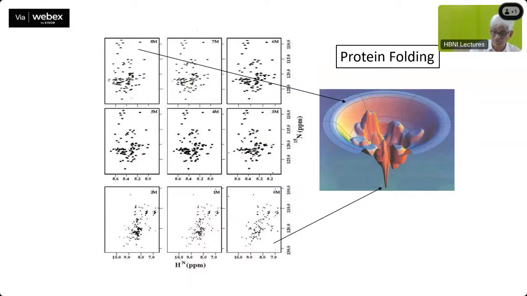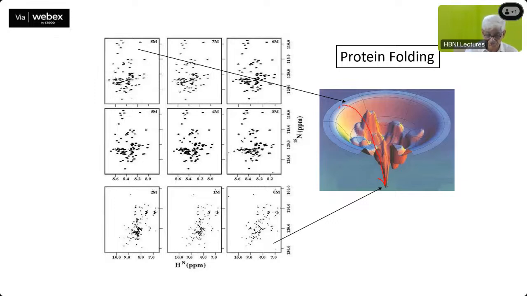This is the way you are trying to fold. As you are decreasing the urea concentration, you go from here to here, and it will be reflected in the spectra. Chemical shifts will change, the line widths will change because of the secondary shifts, and also the motions will slow down, and that will reflect in the nature of the chemical shifts.